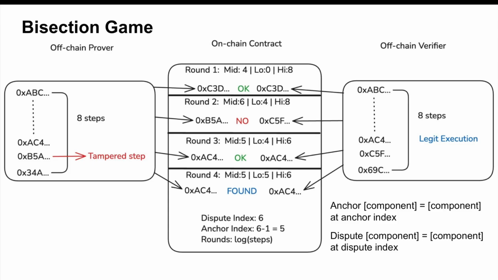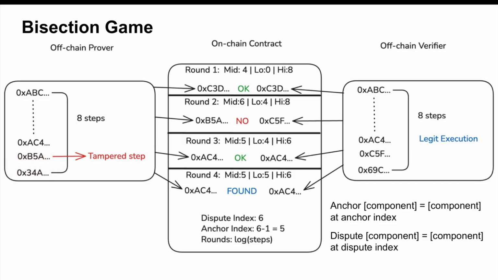So let's check how the bisection game works. Let's say this off-chain prover has 8 steps, 8 executed VM states, the snapshots, which are digested by the state root to generate these 8 steps, and the same for the verifier. Let's say the prover is the bad party here, and he tampers with the VM state at step 6, index 6.